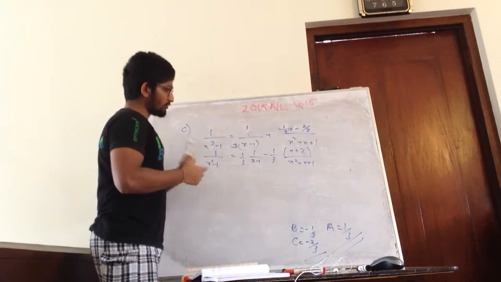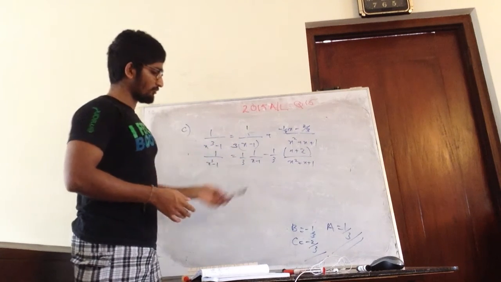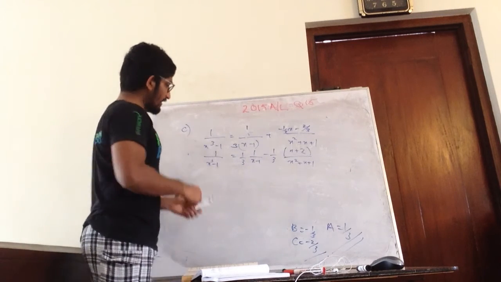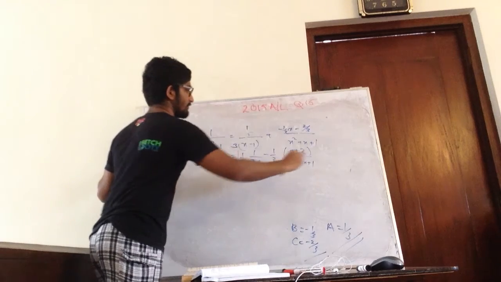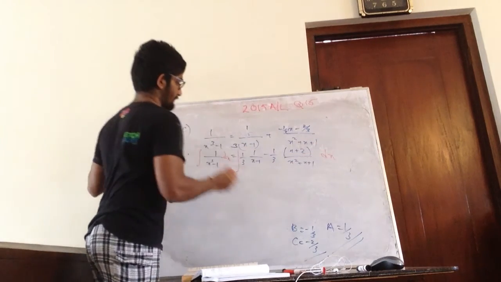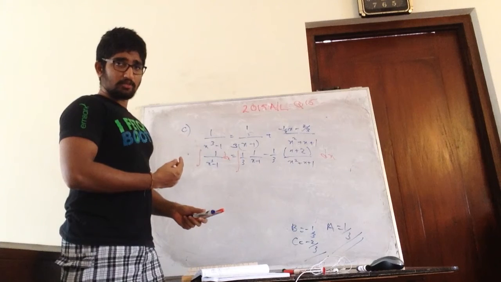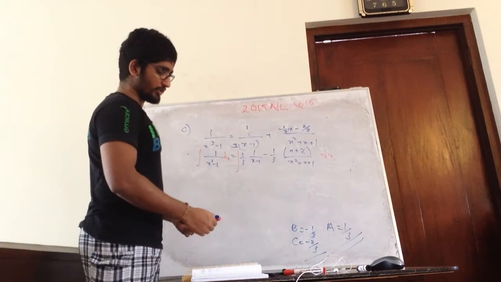Right, so now this is pretty much easy, because we have already found this out. So let's see how to integrate. They are telling us to integrate in terms of dx. As you know, we can take the constants out, so first of all I am going to take 1 over 3 out.